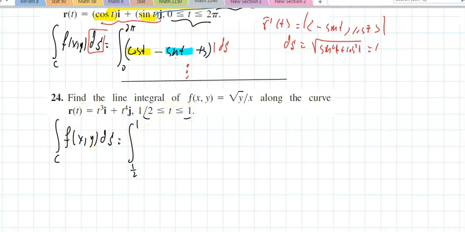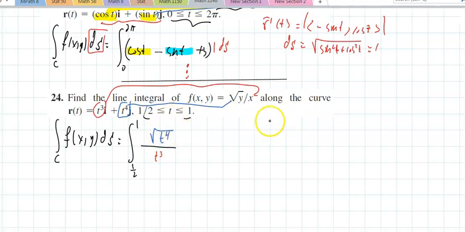Now f, I will take the i, throw that in for x. Keep everything separate. x in the denominator, that's t cubed. The j is at the top, and ds is something you have to figure out every time. You take r prime of t, and that's going to be 3t squared, 4t cubed.